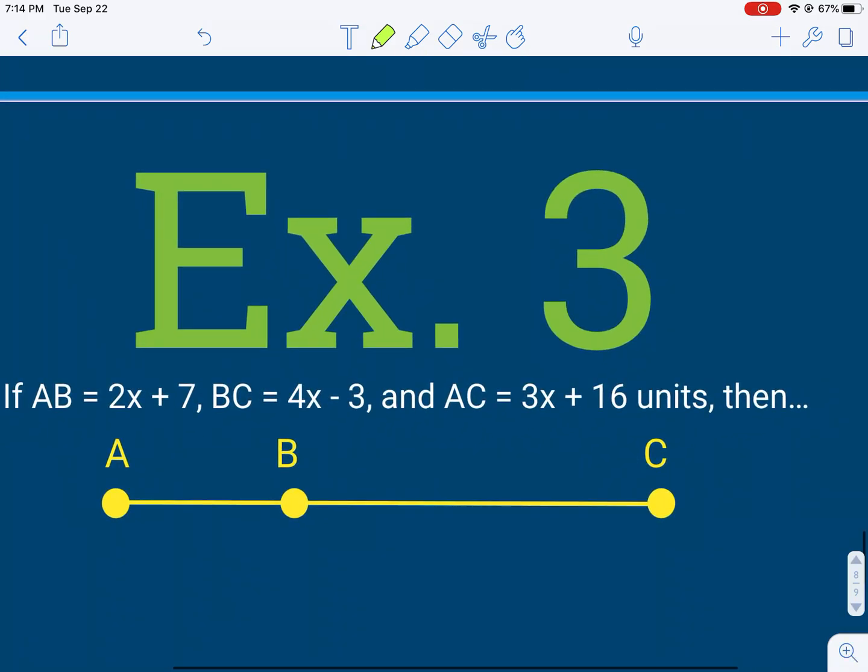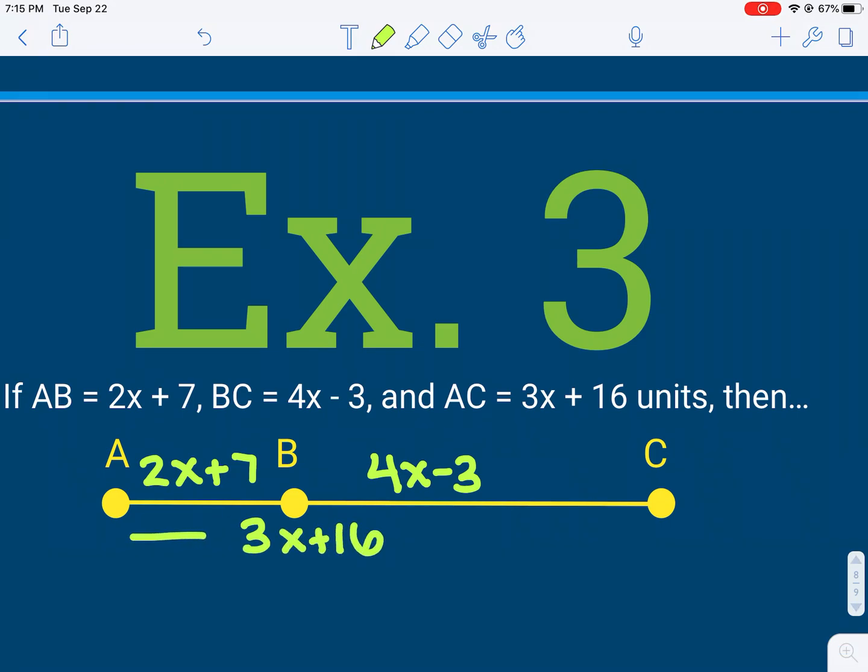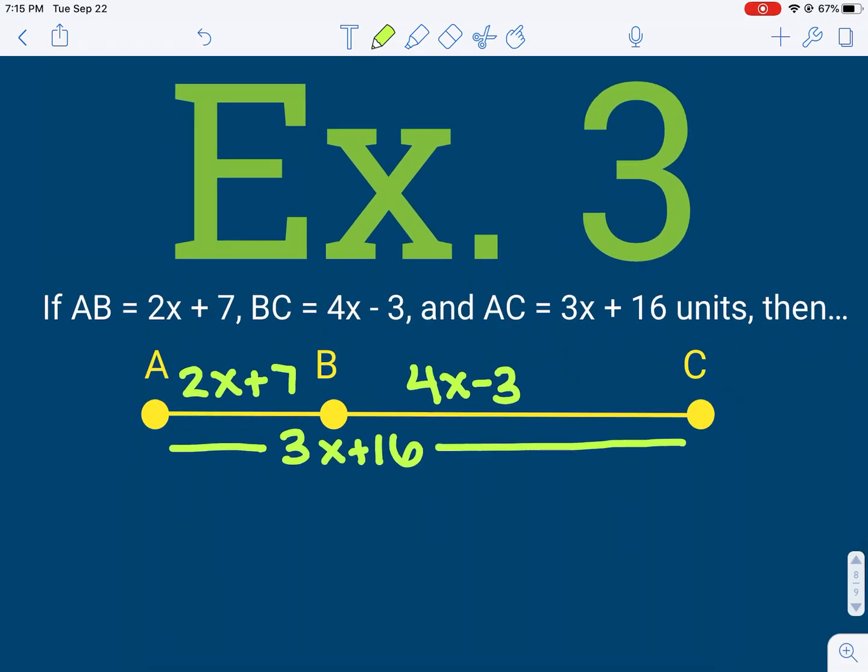This time we're going to have the alphabet on both sides. So I'm going to have AB as 2x plus 7. I'm filling in my picture. BC is 4x minus 3 here, and the entire length is 3x plus 16. I'll do some algebra to solve for x.